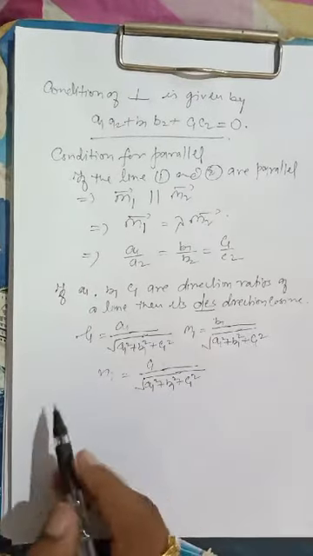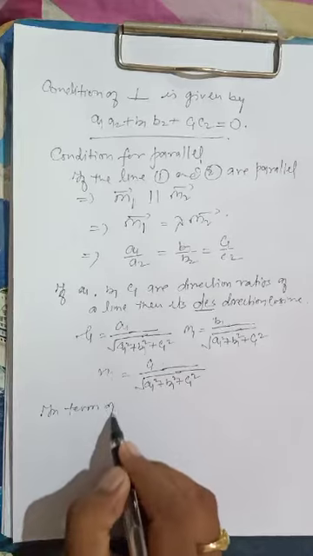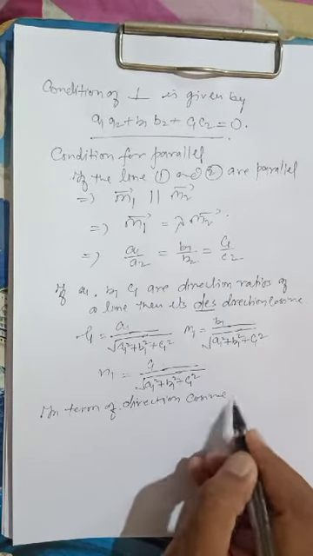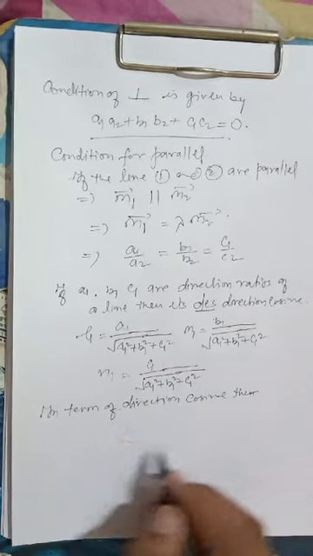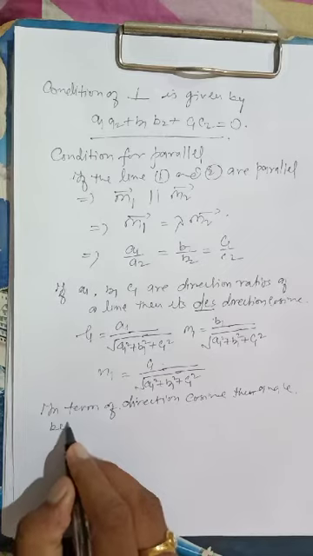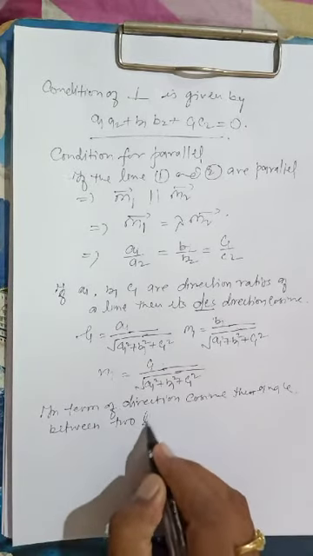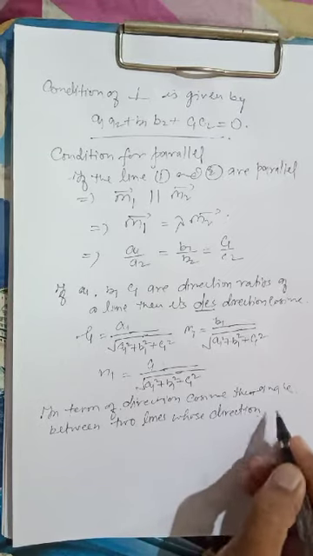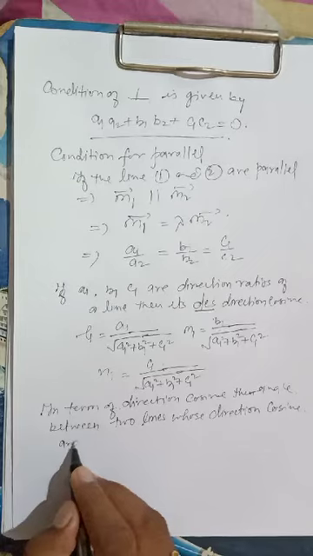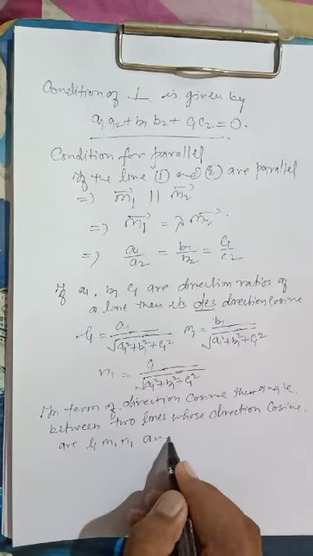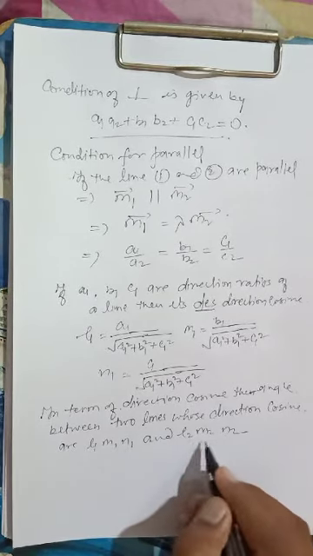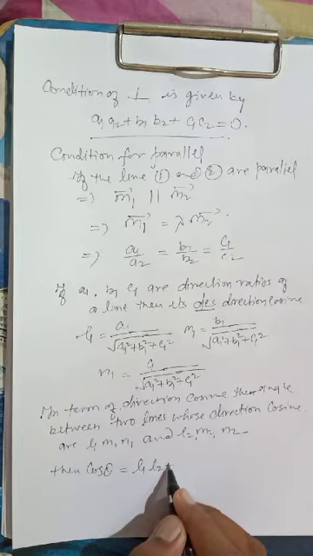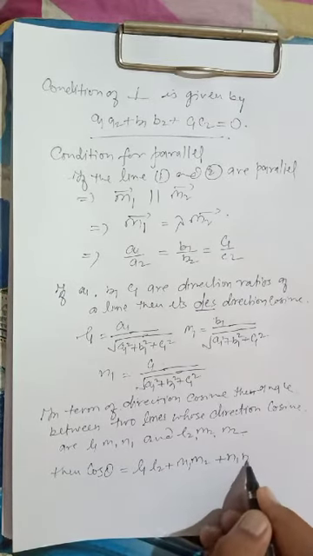So in terms of direction cosines, the angle between two lines whose direction cosines are l1, m1, n1 and l2, m2, n2, then cos theta is equal to l1 l2 plus m1 m2 plus n1 n2.